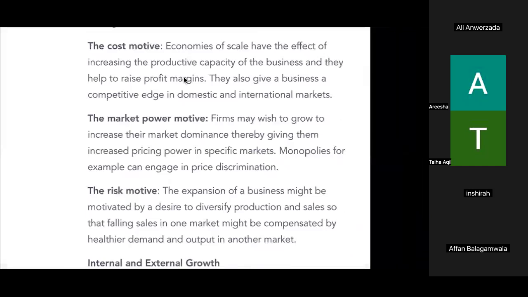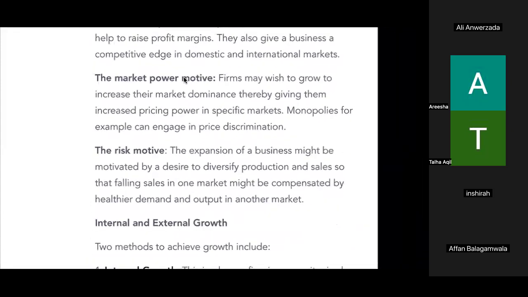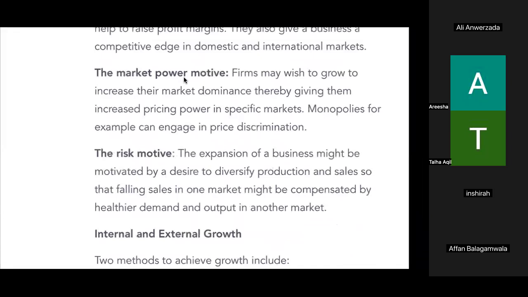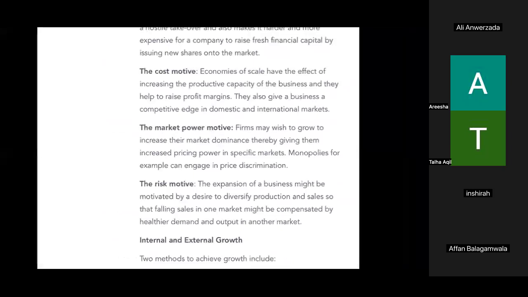They may grow for market power motive, which means simply to increase their dominance, become a monopoly. Or they may grow for risk motive, which is basically to diversify their portfolio. So these are the four reasons why firms may grow: the profit motive, cost motive, market power motive, and risk motive. Make sense? Are we good?